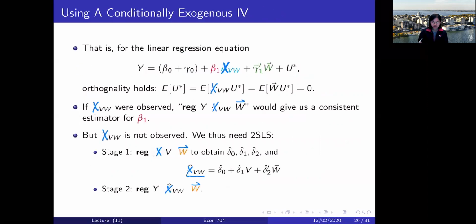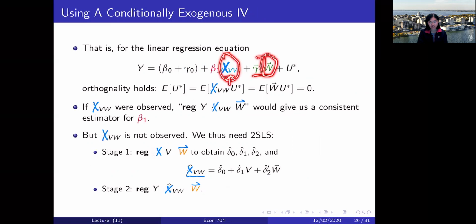And you can also see from here that the conditional relevance assumption is useful, because if the conditional relevance assumption is not satisfied, then x_vw will be only a linear function of W. V will not enter there. Then this is a linear function of W, and that will be perfectly collinear with this W vector.